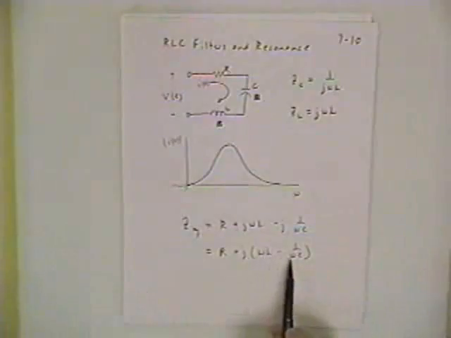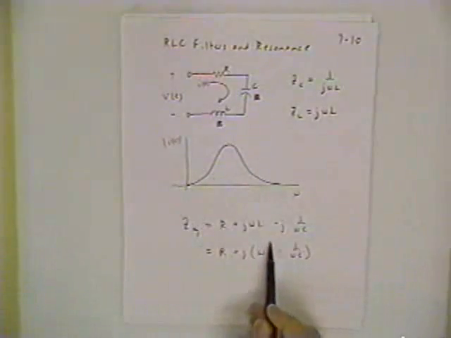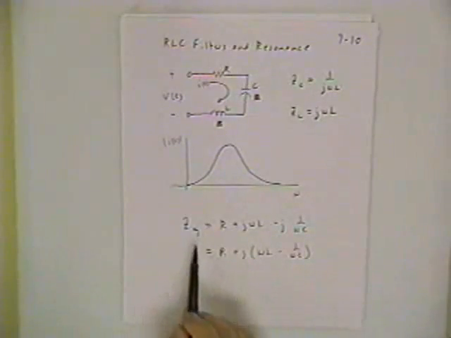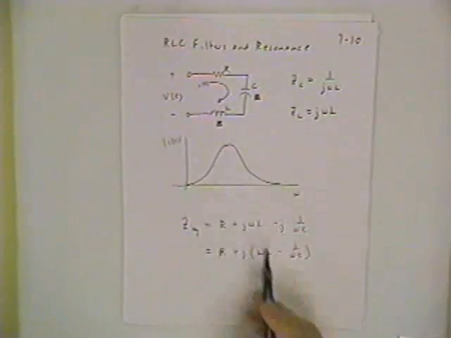There's some frequency in the middle of these two extremes, some frequency where this imaginary part just drops out completely. The impedance becomes purely resistive, and the current is a maximum.